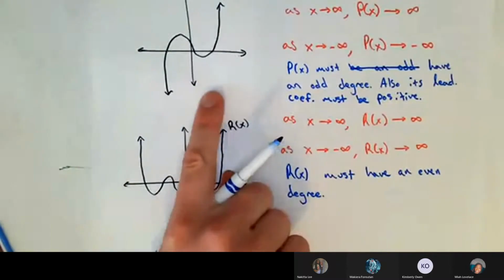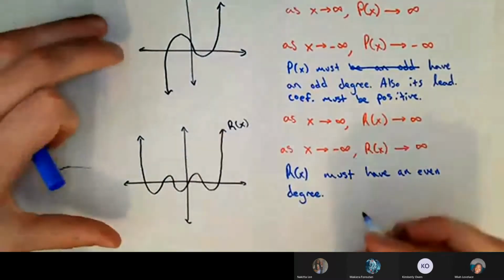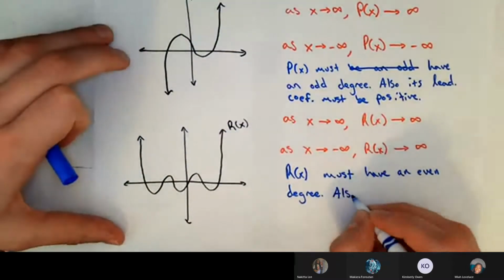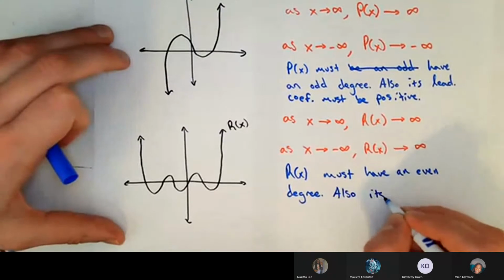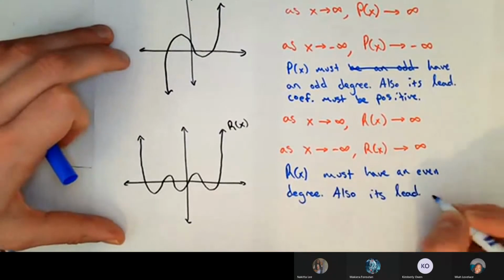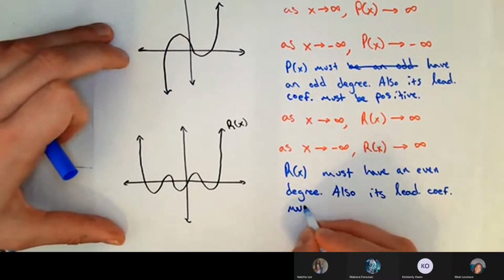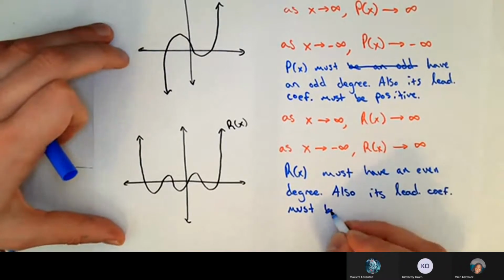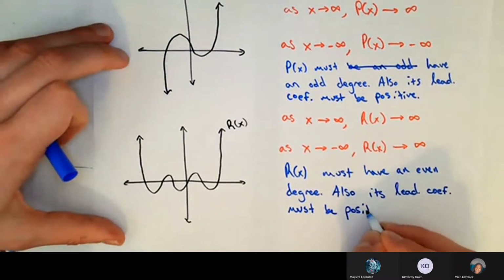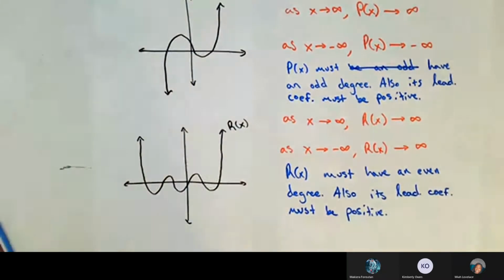That's exactly what's going on here for p of x. And then right here, for r of x, also its leading coefficient must be positive because both of its legs are pointing up. Okay.